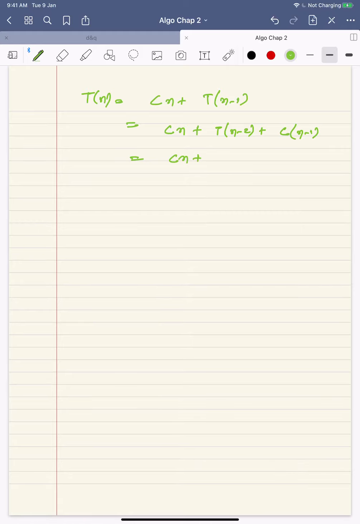So it becomes Cn plus C times n minus 1, plus you again further subtract 1, T of n minus 3 plus C times n minus 2. And you keep on doing that. So what will happen? C times n plus n minus 1 plus up to 1. And the term becomes like T0, and that's what you ignore.